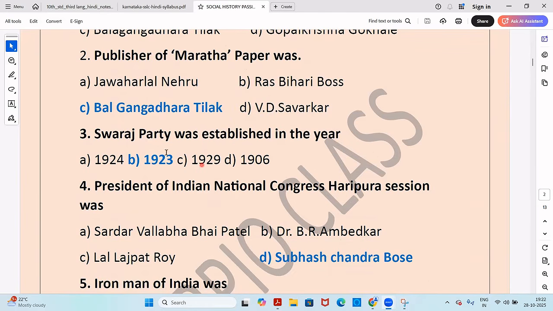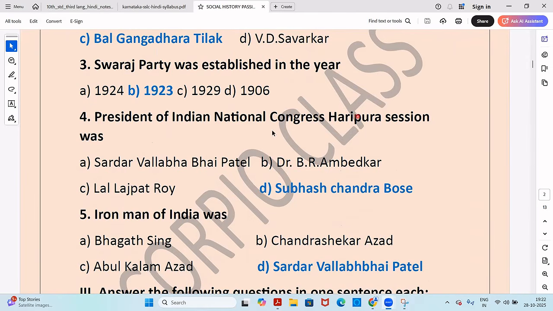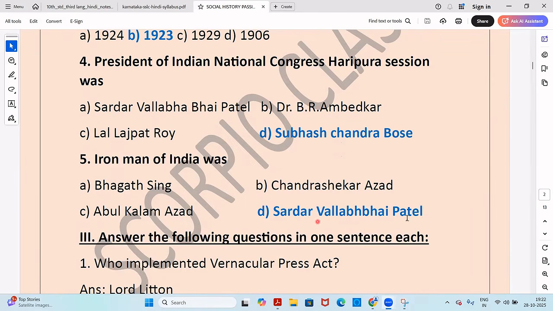Next, Swaraj Party was established in the year option B, 1923. President of the Indian National Congress Haripura session was option D, Subhash Chandra Bose. Iron Man of India was option D, Sardar Vallabhbhai Patel. So these were objective questions.